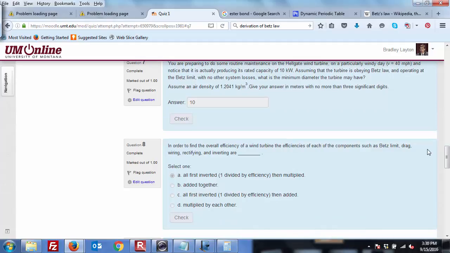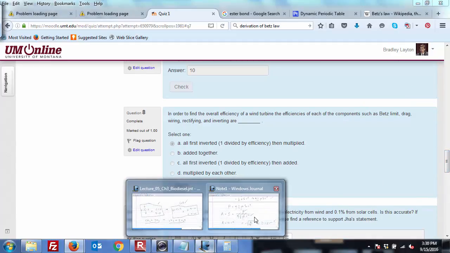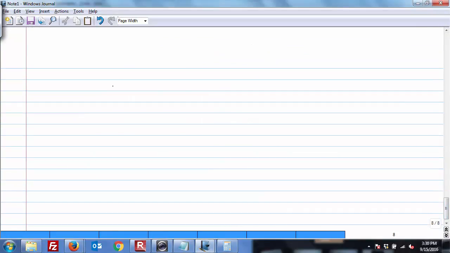In order to find the overall efficiency of a wind turbine, the efficiencies of each component, think about this a little bit. What always helps is to draw a picture.